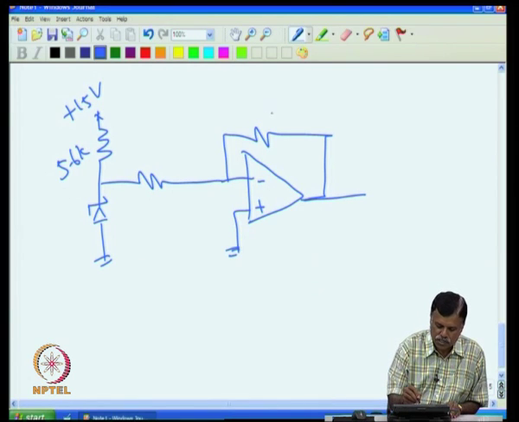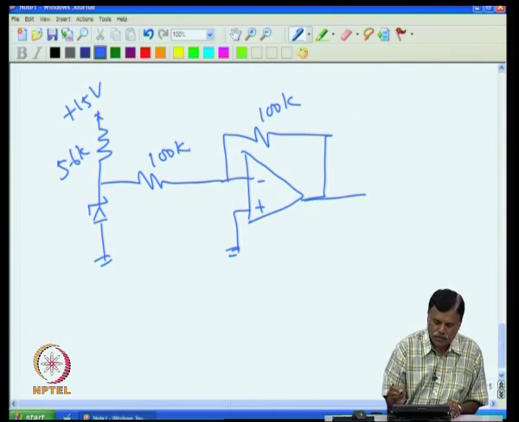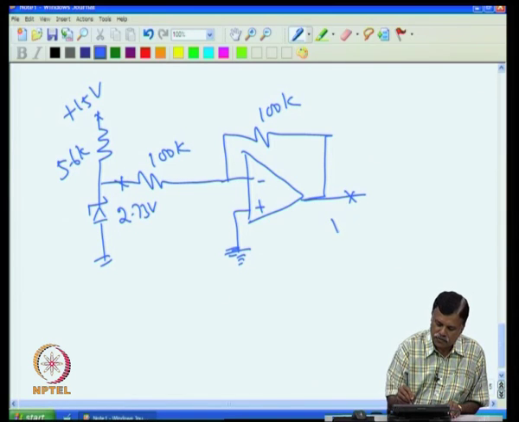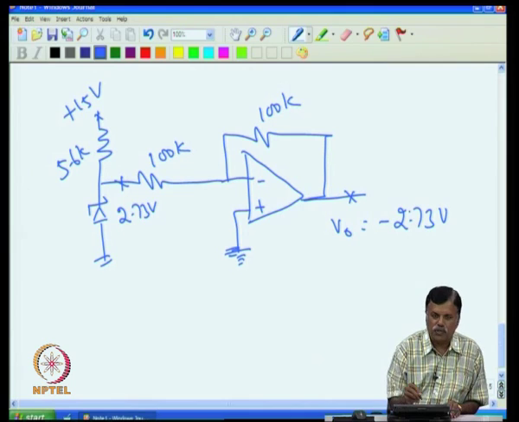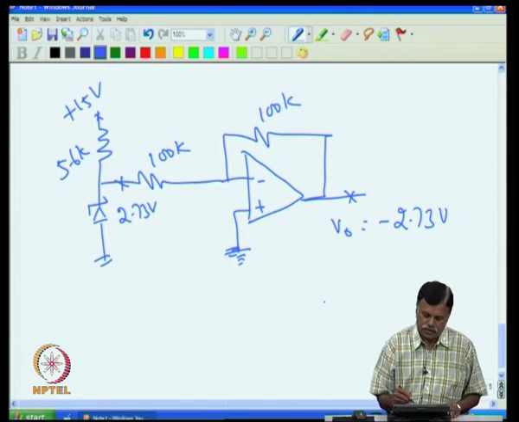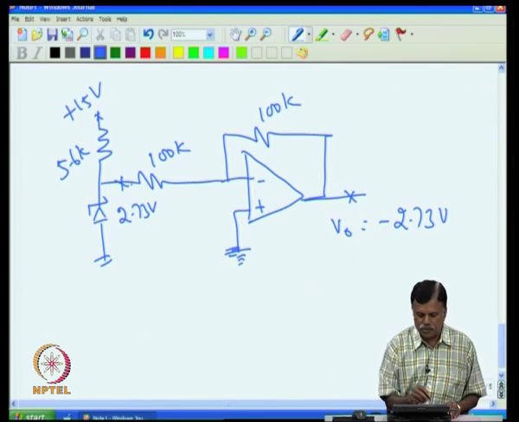Assume I have put equal resistances here, say 100 K and 100 K. So, essentially at 0 degree C, at this point I will get 2.73 volt, then at this point V0 will give me minus 2.73 volt, assuming there are no other errors in the operational amplifier. This is simply an inverting amplifier. So, basically the plus had become minus.